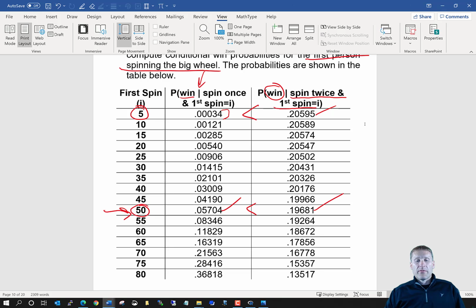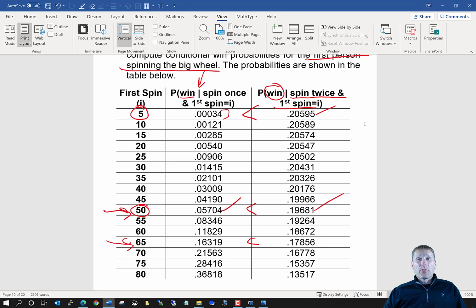So where's the cutoff between taking the second spin or staying, not doing that second spin, and just taking what you had on that first spin? Well, it actually ends up occurring right about 65 cents. At 65 cents on that first spin, you should still spin again.